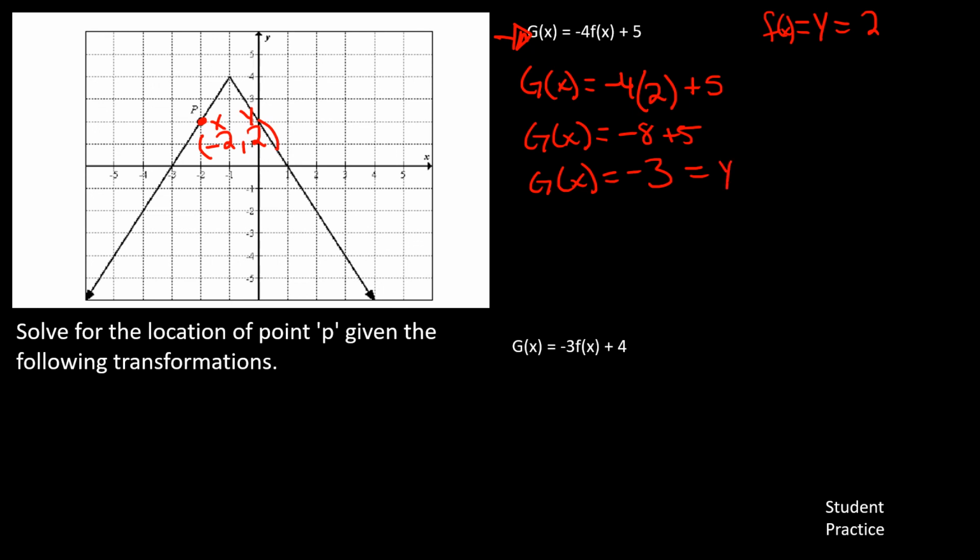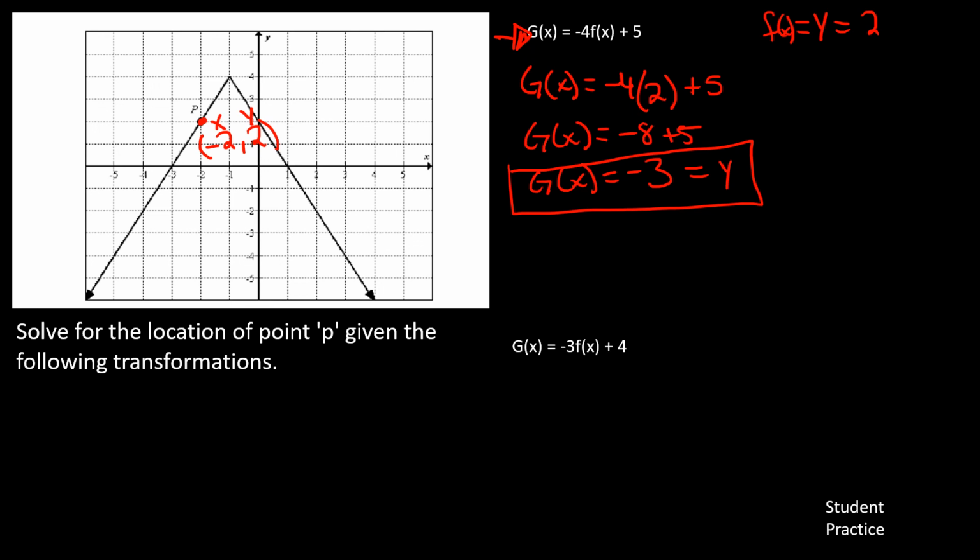So this is our changing point. So we took that point, we multiplied it by a -4, and then we added 5 to it. And this is what we would solve here. And this would be where we get that new point there with a y value of -3.